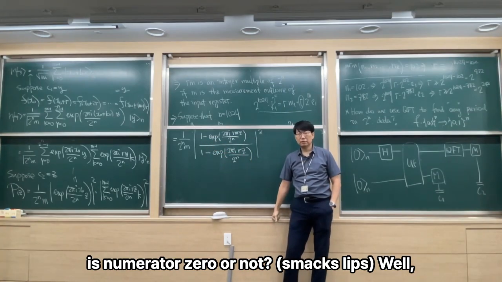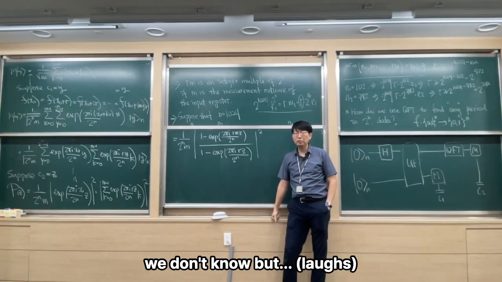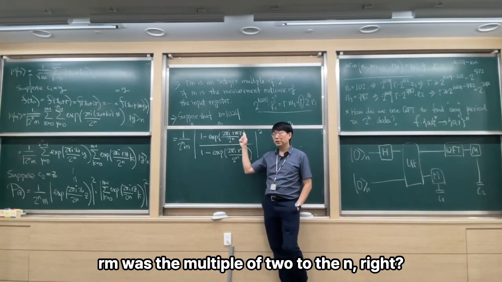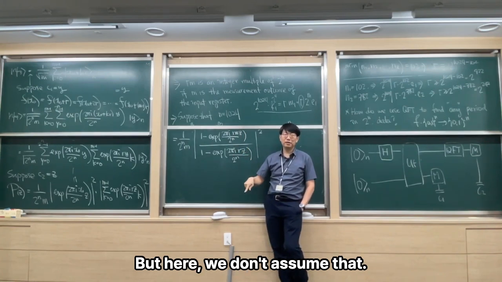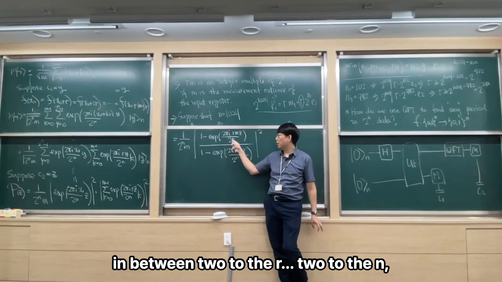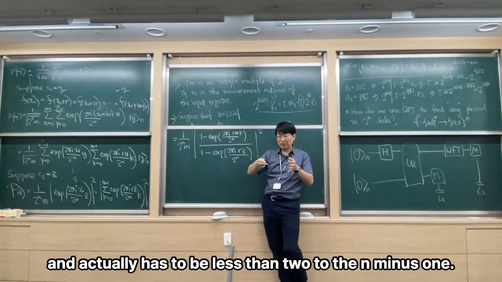Well, we don't know. In the previous situation, rm was a multiple of 2 to the n, right? But here, we don't assume that. So r can be any number in between, actually less than 2 to the n minus 1.